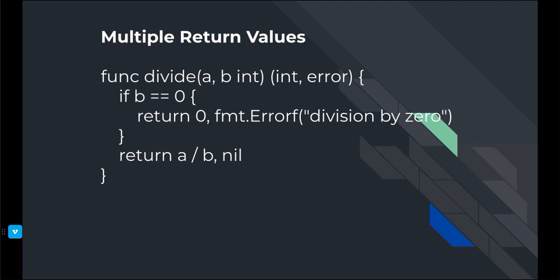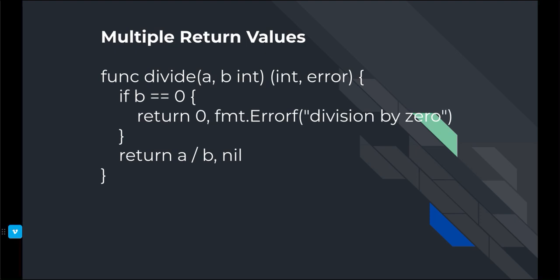Inside the function, it checks for division by 0. If b equals 0, it will return 0 and directly throw the error, division by 0. Then, performing the division: if b is not 0, the function performs the division a divided by b.